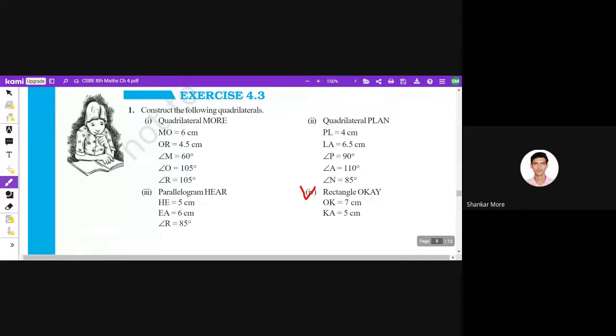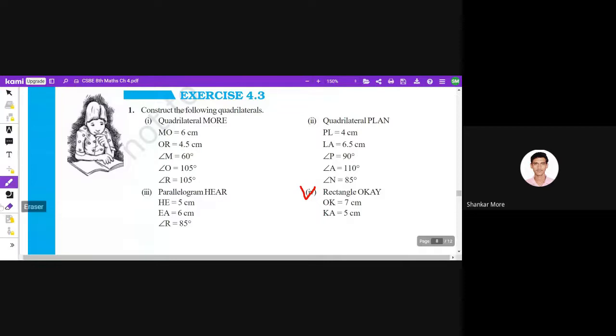Do we have to end the class here? बोलो. Any doubt? कुछ problem है? Why you are not putting your answers in the chat box? Rectangle के angles क्या होते हैं? What is the measurement of angles of rectangle? 90 degree exactly. That's what I was expecting.